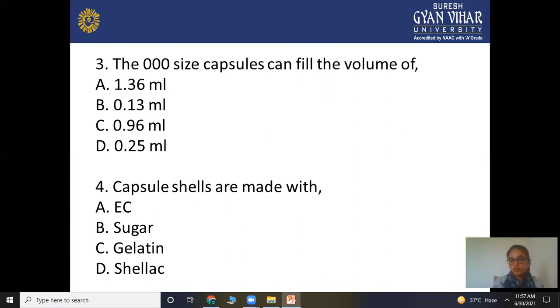A option is EC, ethyl cellulose, B is sugar, C is gelatin, and D is shellac. These are the four materials for formation of a hard gelatin capsule shell. Out of these four options, you can select the one correct option which gives the proper information regarding the shell of this hard gelatin capsule.